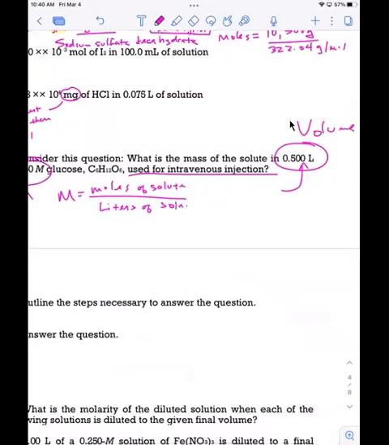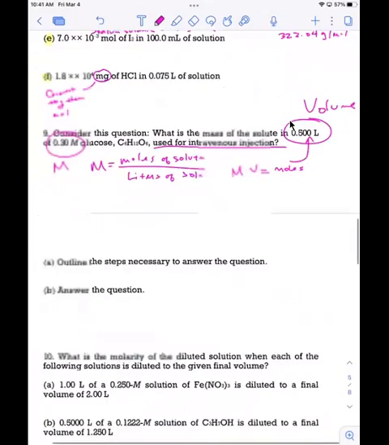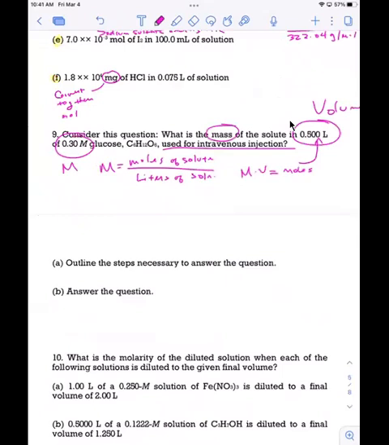We can solve that. So we can say, and this is for any concentration, if you've got the molarity and the volume, you can find the moles. So it'll be M times V equals moles, right? But it didn't ask for moles, it asked for mass. But then we can find that too.